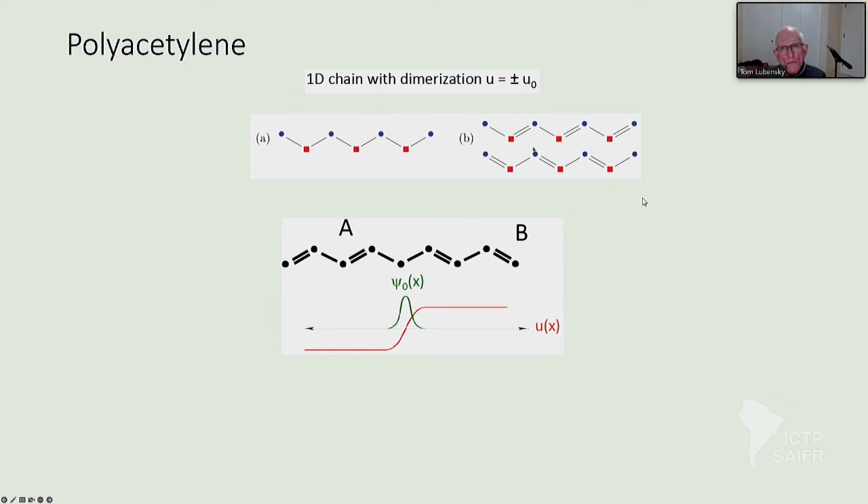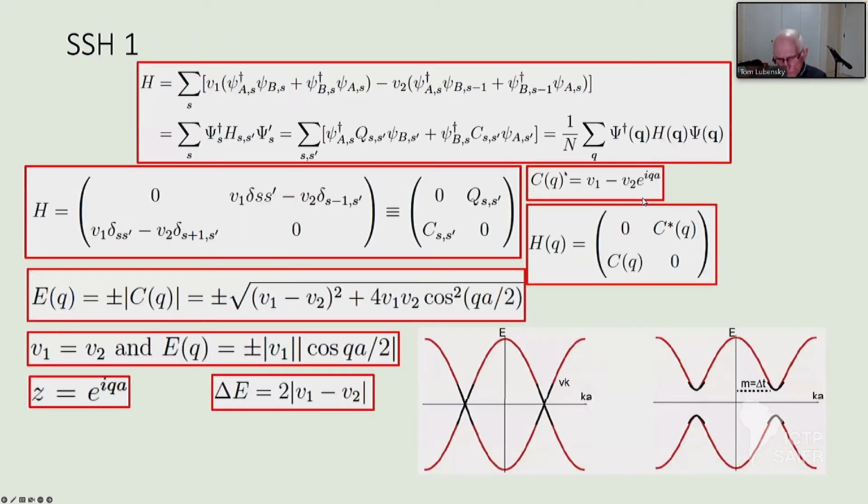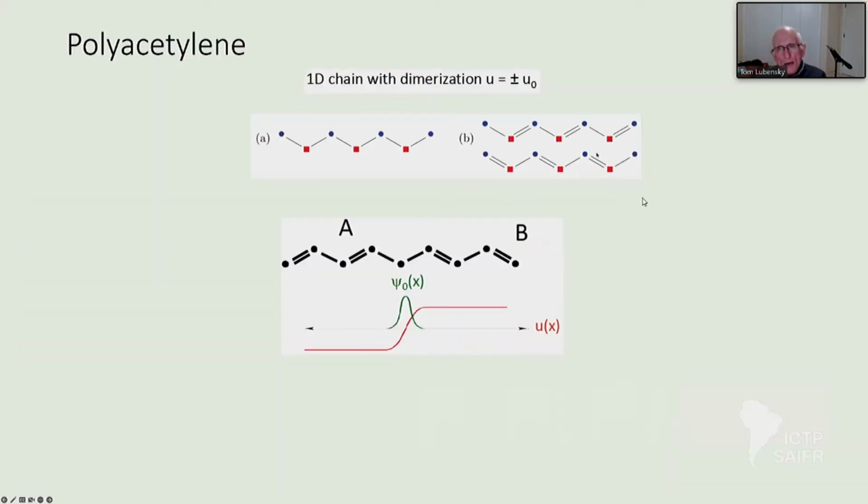Now, I could also have the unit cell the other way around, where I have the double line to the left and the single line to the right, and over here I have the single line to the left and the double line to the right. So those are both acceptable unit cells, and if you have periodic boundary conditions, it's totally arbitrary. It doesn't matter which one you're doing.